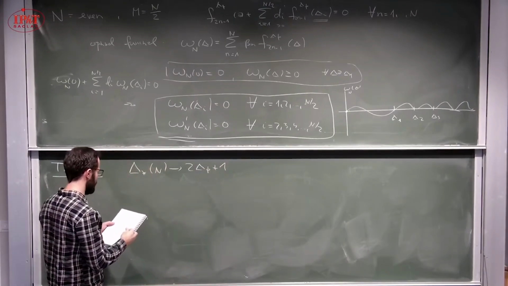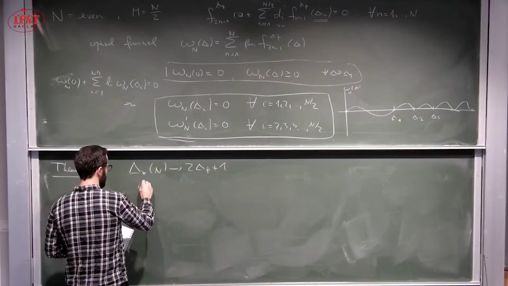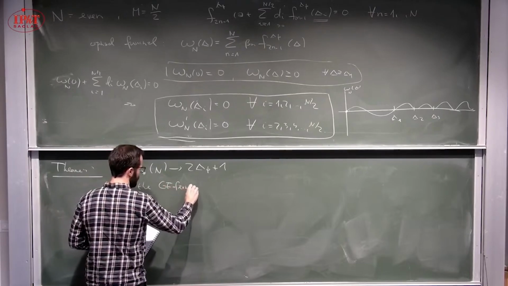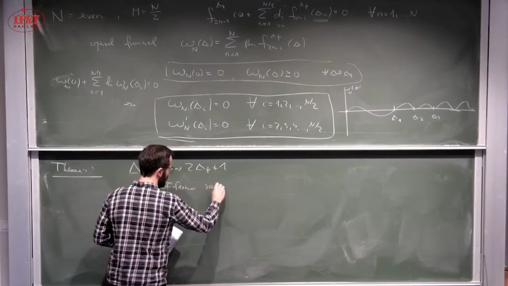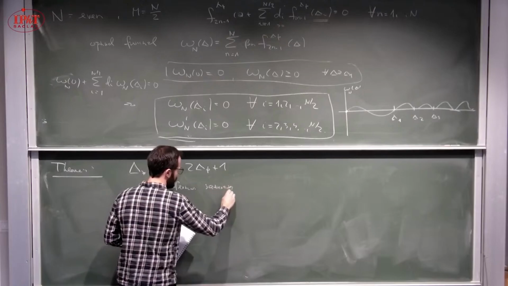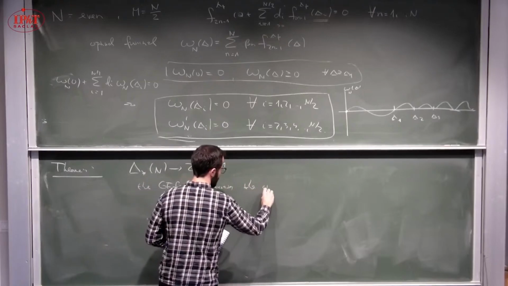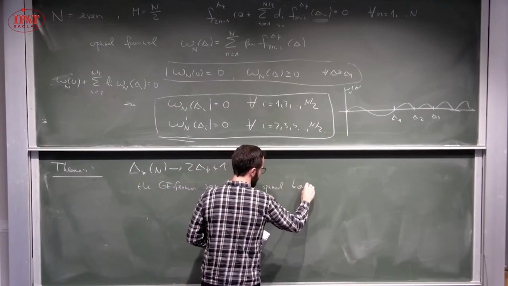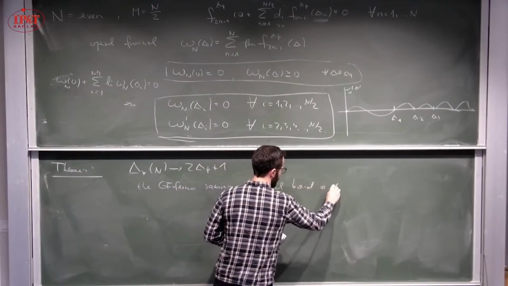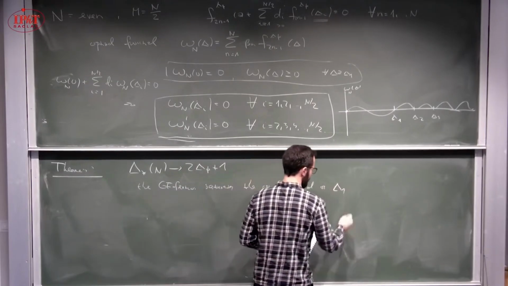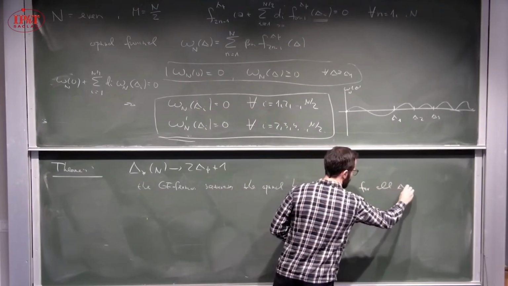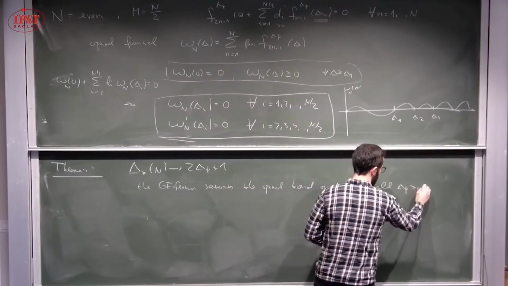In other words, the generalized free fermion saturates the optimum bound on delta 1 for all delta phi positive.